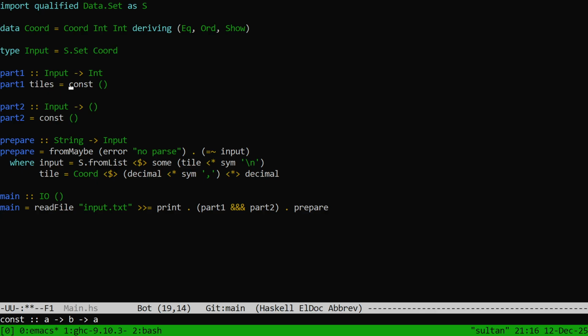If your change for part 2 is minimal, it means you have the right tools already in place from part 1. So if I wanted to minimize part 2, I think that what I would do here is not use a set of coordinate, because I'm pretty sure this will be a bad data structure for part 2.